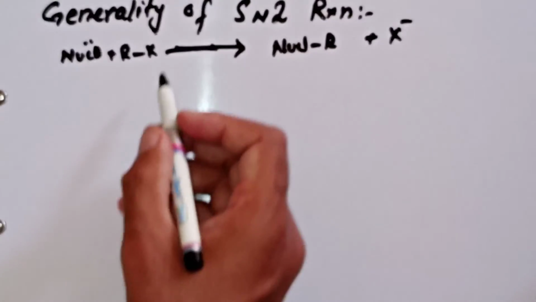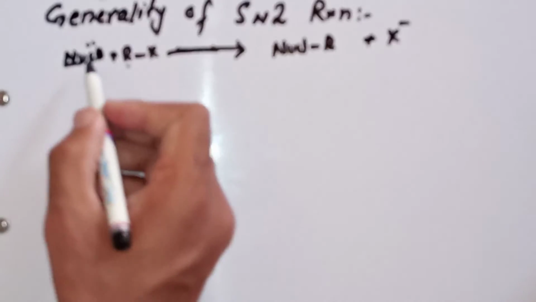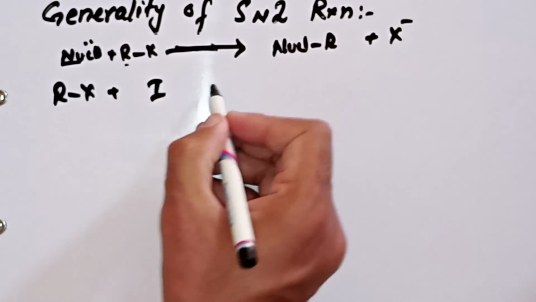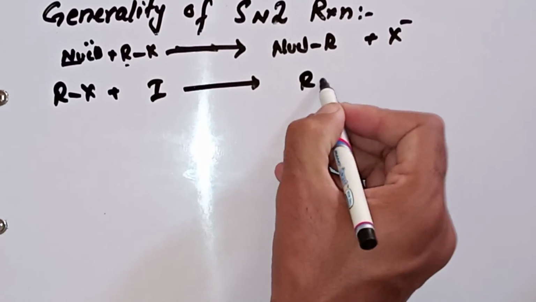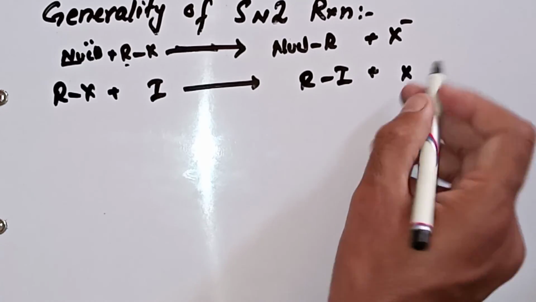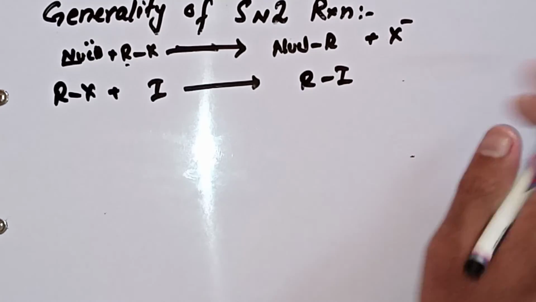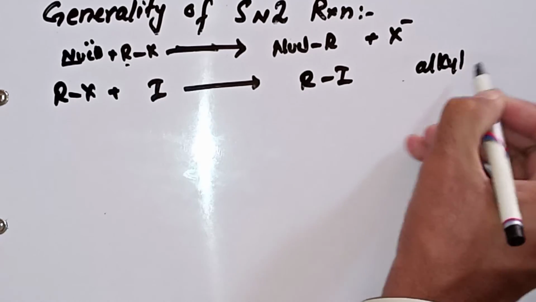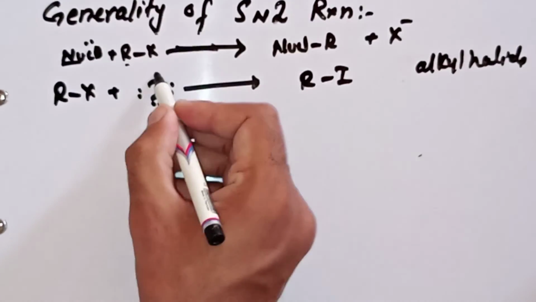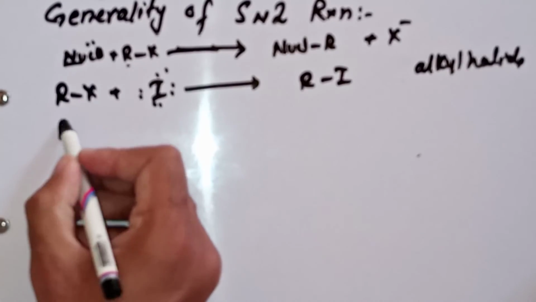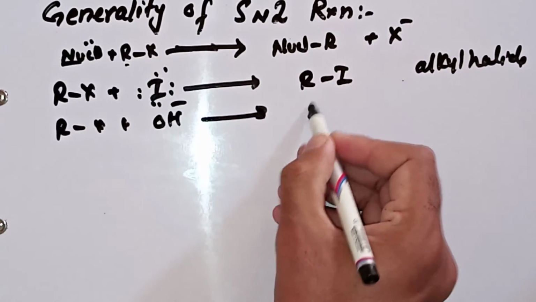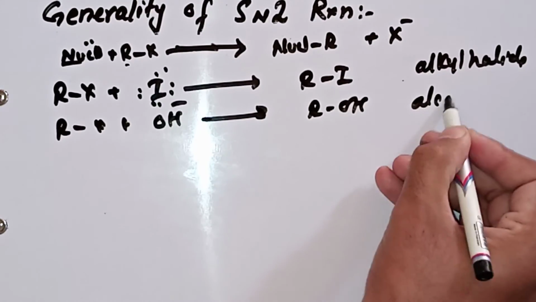So when we use iodide ion as the nucleophile with RX, it will produce alkyl iodide, which is also an alkyl halide. When we use OH as a nucleophile, it produces alcohol, ROH.